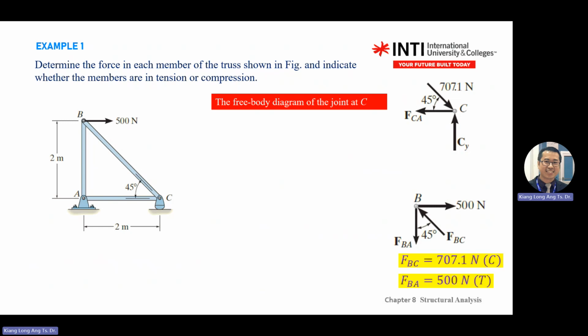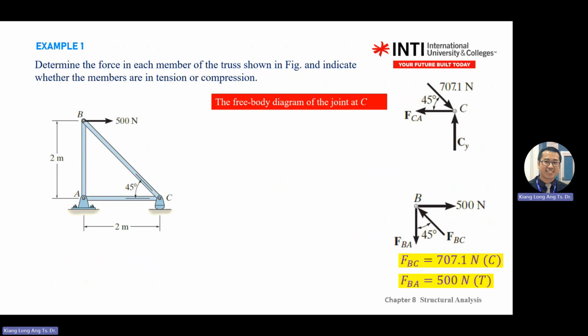Because you are dealing with B to C, it's just that the arrow is pointing in that direction. It should be CB, right? It should be pointing from C to B. But anyway, if you write CB or BC, to me, it's not a big issue.